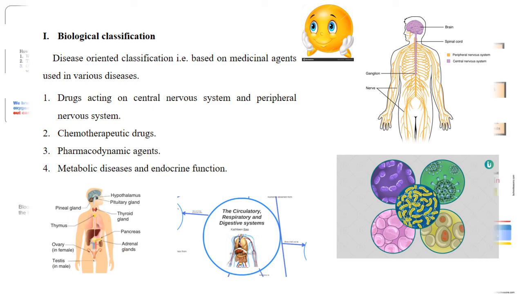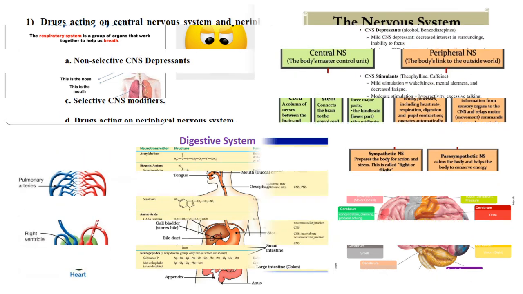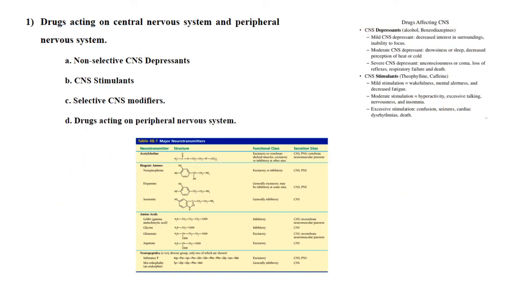So here you can recall the facts about some systems in our body. And the next one, the drugs acting on the central nervous system and peripheral nervous system. Here again 4 subcategories are there: non-selective CNS depressants, CNS stimulants, selective CNS modifiers, then drugs acting on the peripheral nervous system.